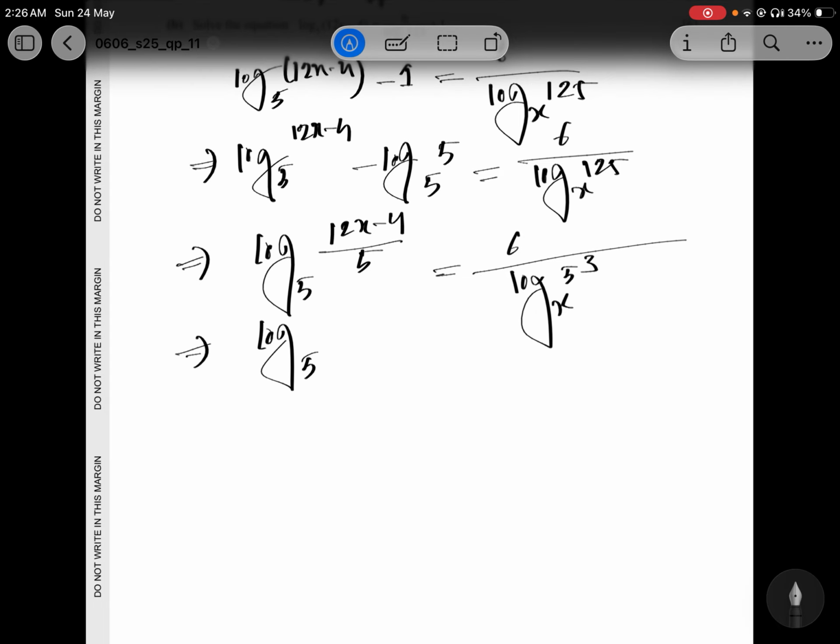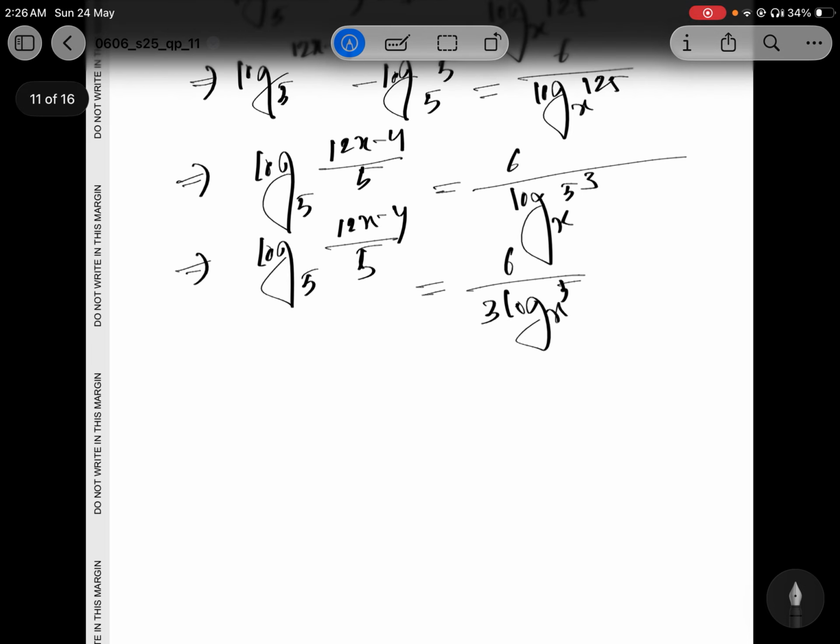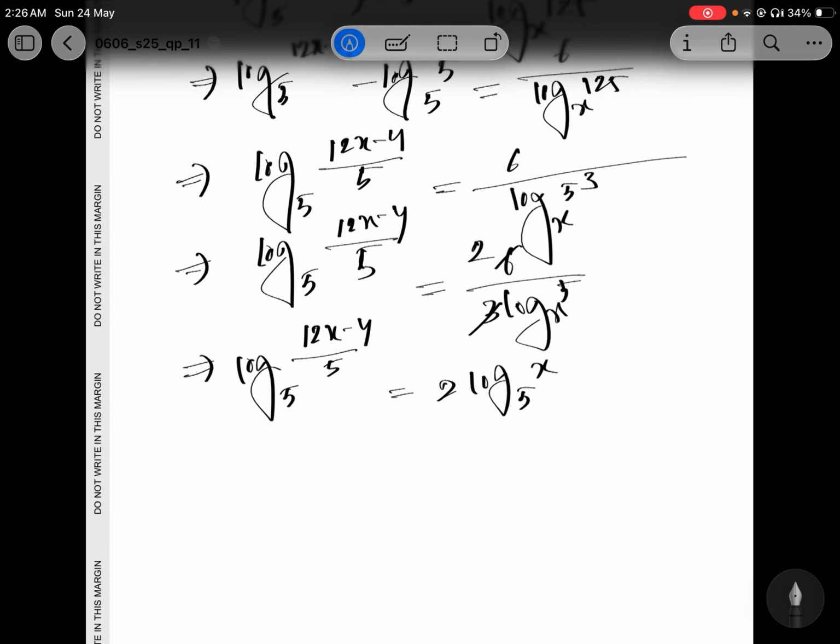Log 5 is 12x minus 4 over 5 here. Now I can write it down like 3 log x base 5 here. So I can cut it down like 2. Log 5 base 12x minus 4 over 5 here is 2 log 5 base x here.